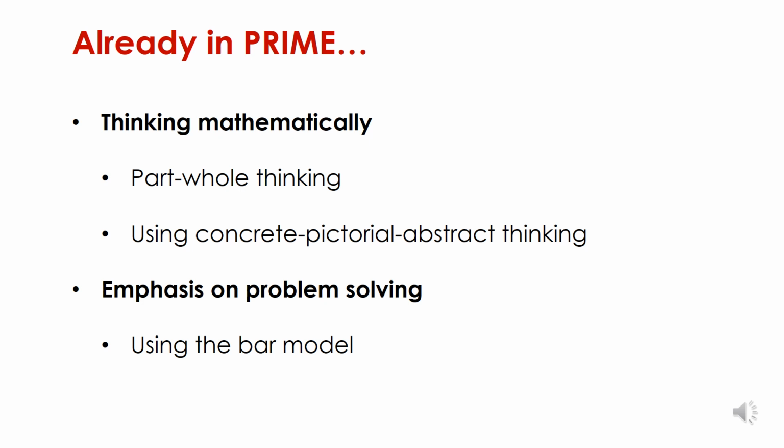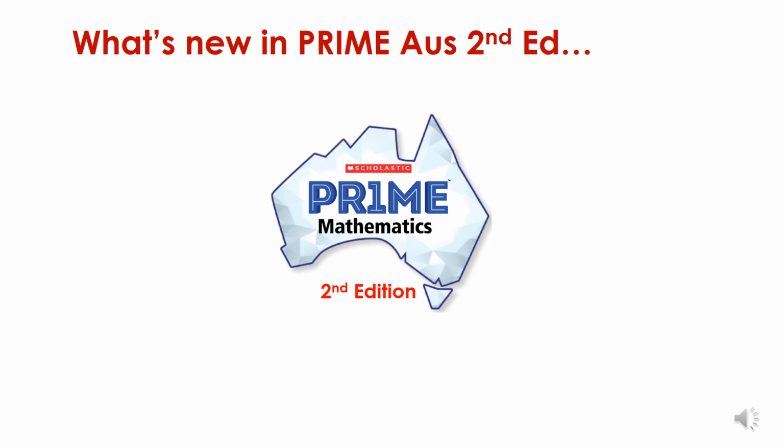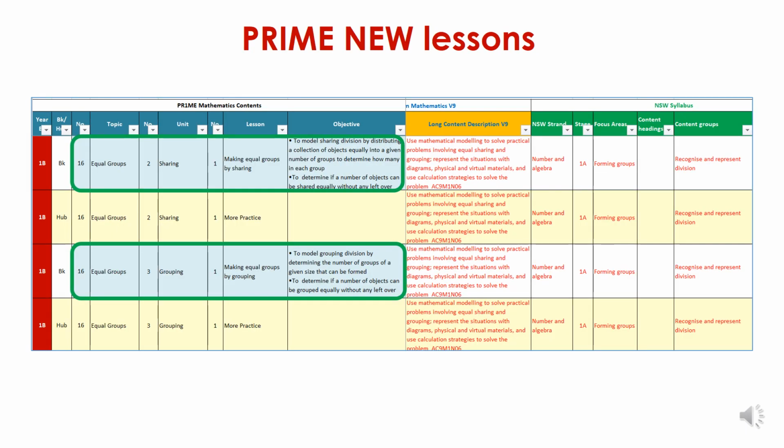A lot of what is in both new curricula is already covered in the first edition of Prime Oz. But there are some new and updated lessons. These lessons are shaded blue in the scope and sequence.